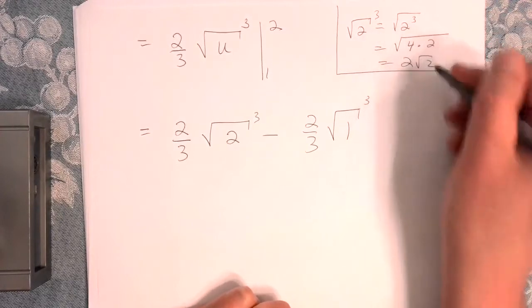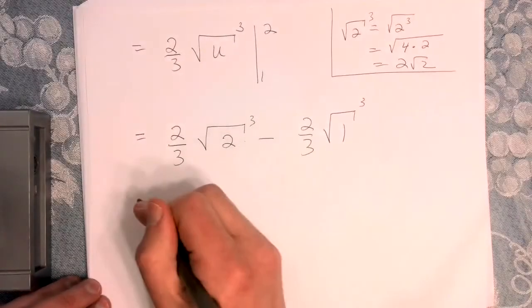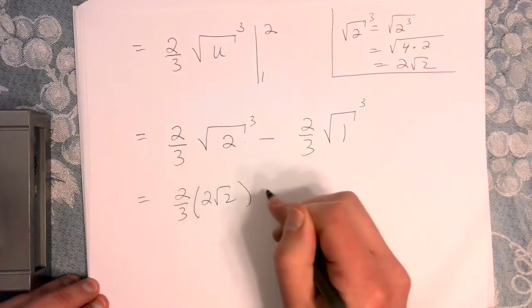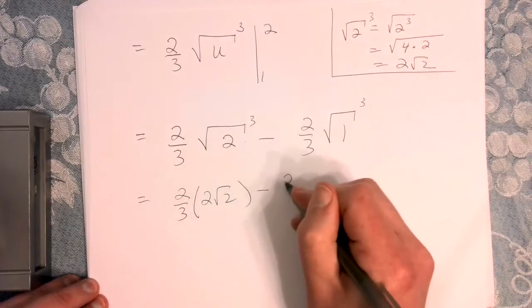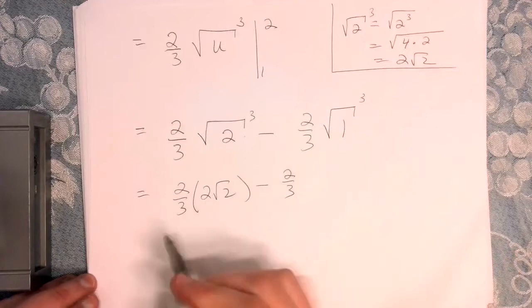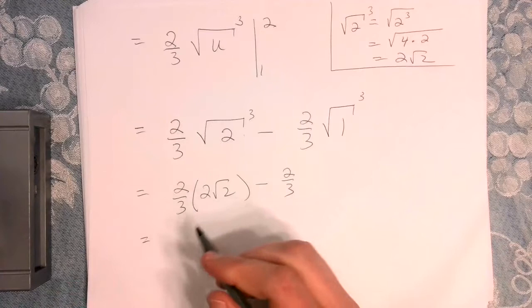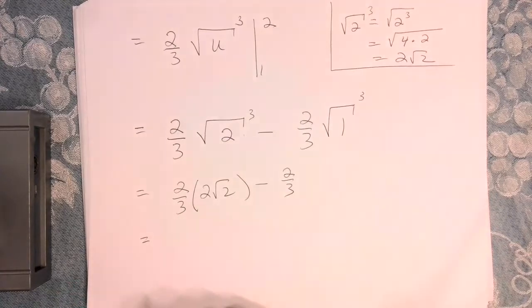So that's 2 radical 2. And this is just going to be 1, so that'll be 2/3 times 1, so that's not bad. Again, you could factor the 2/3 out if you want. You could leave it. It just depends whatever your professor prefers. Just go by that. That's perfectly fine.